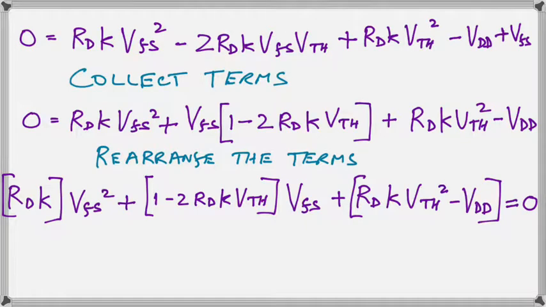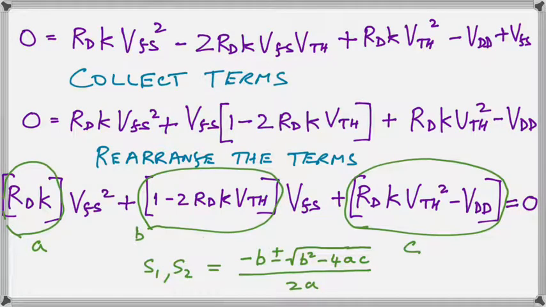When we rearrange our expression and bracket it in the familiar way, we see that we have a quadratic equation in VGS with the familiar A, B, and C to use in our quadratic formula.